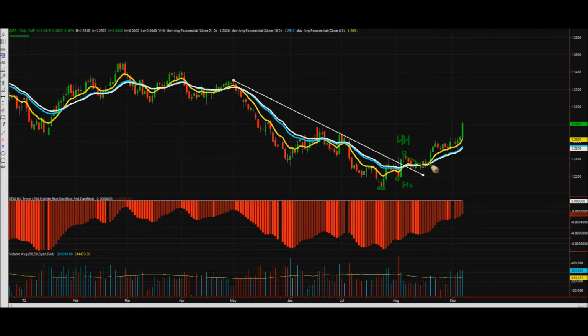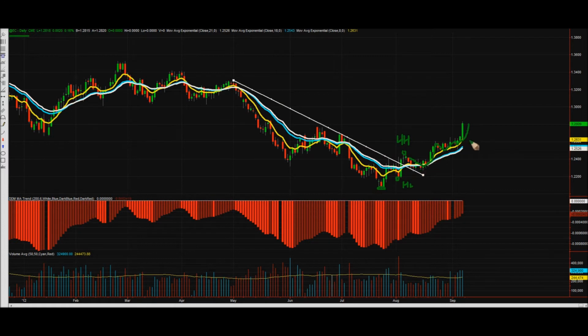A pullback into support, and now we're putting in some stair-stepping action, a series of higher highs and higher lows. So this downtrend seems to have reversed.